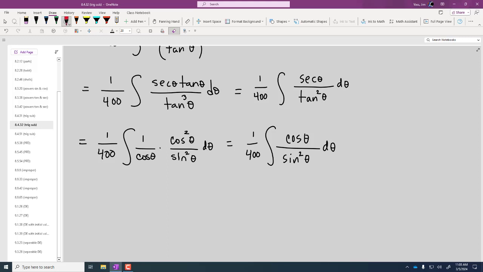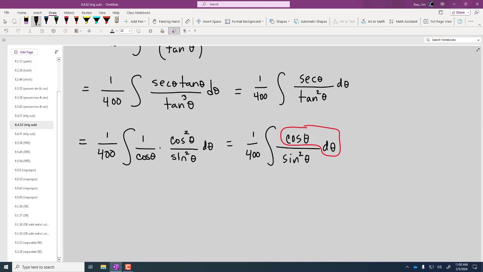That cosine is an odd power already. What do we let u equal? Sine. If we let u be sine, cosine is right there, already tagged with the differential, so we're going to end up with a 1 over u squared.